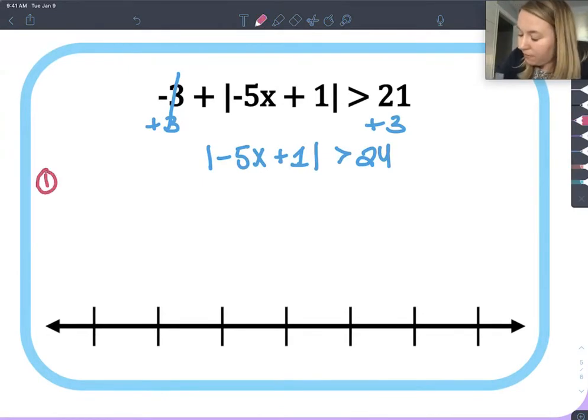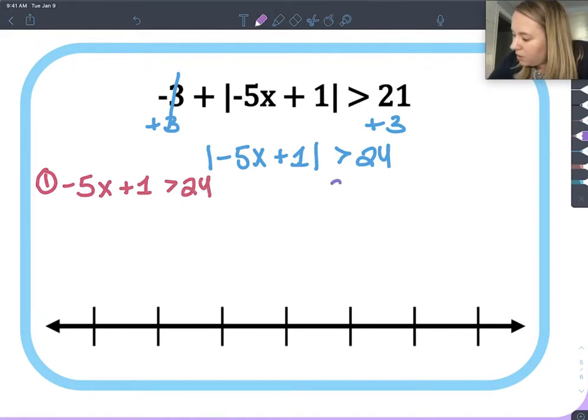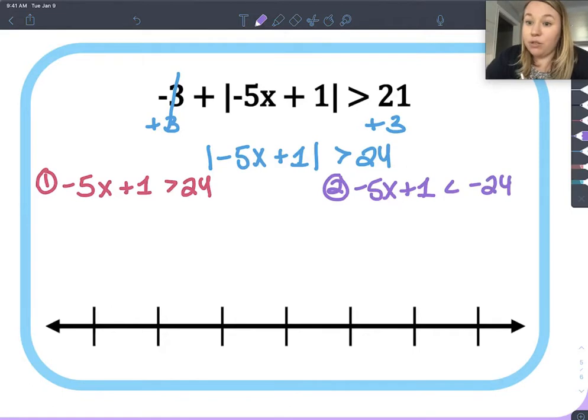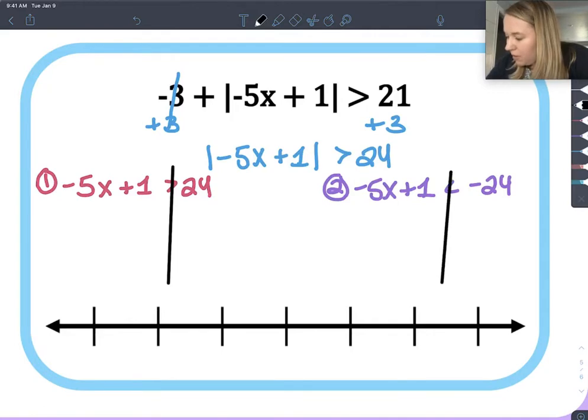Again, my first one is going to look very similar, but without the absolute value signs. So negative 5x plus 1 is greater than 24. Then the second one is going to be negative 5x plus 1, flip the sign to less than, adding a negative sign in front of our 24. Draw our line down each inequality, and now we're going to solve.